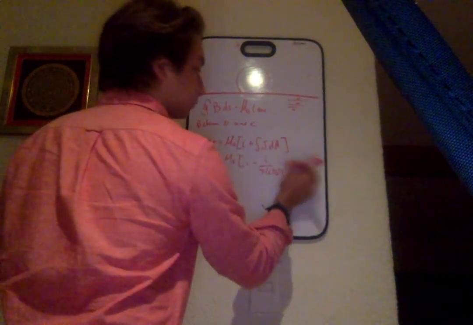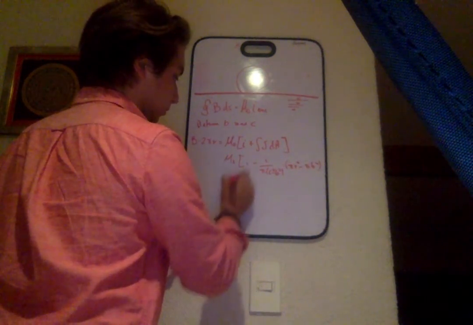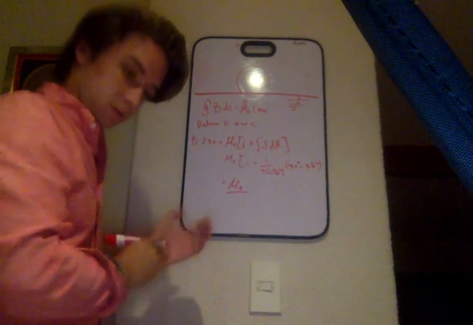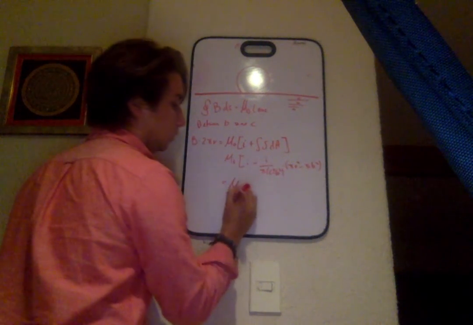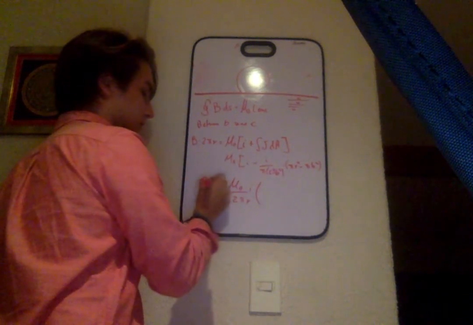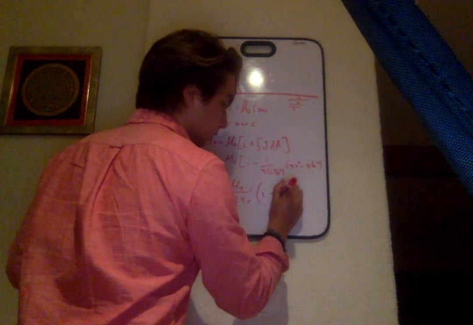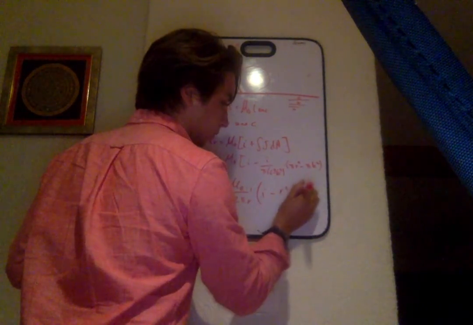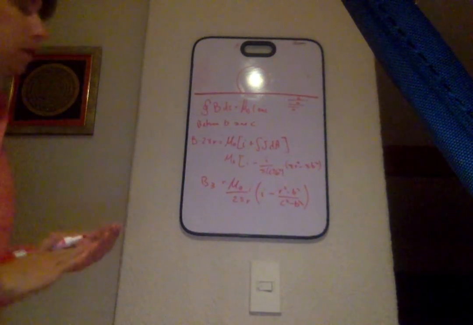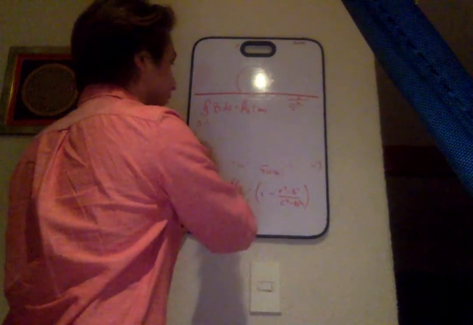And when we solve that, we obtain mu naught times I over 2 pi r times, that would be B3, I times r squared minus b squared over c squared minus b squared.